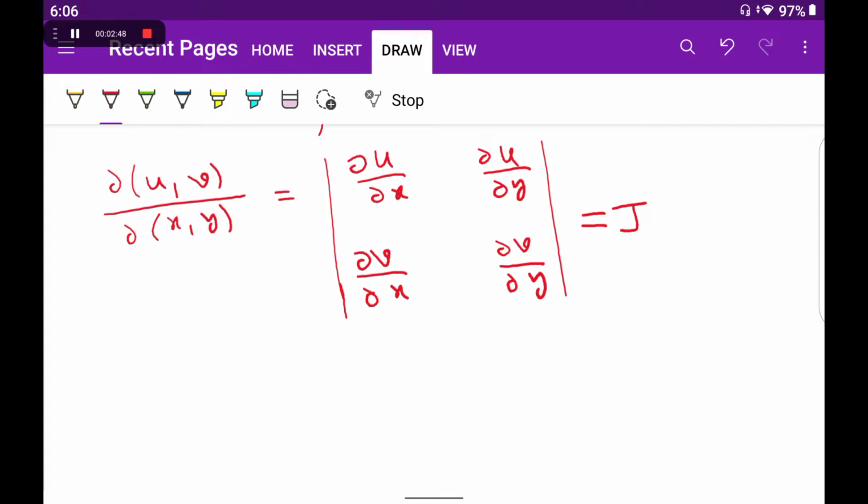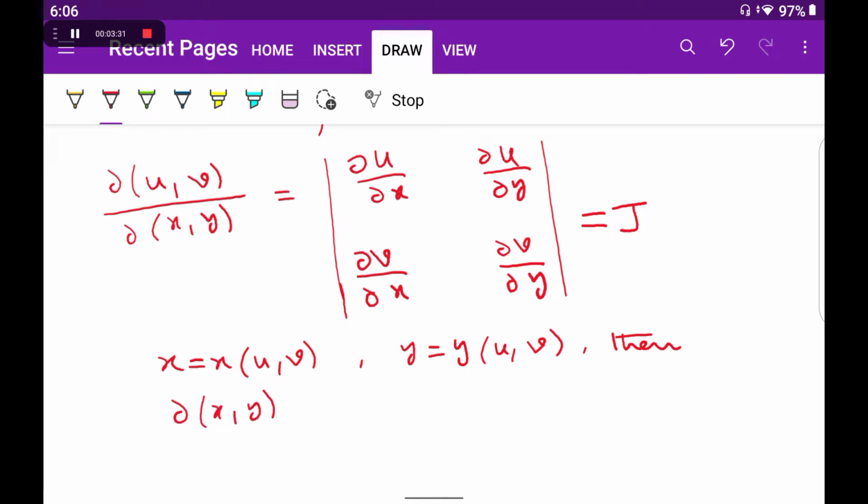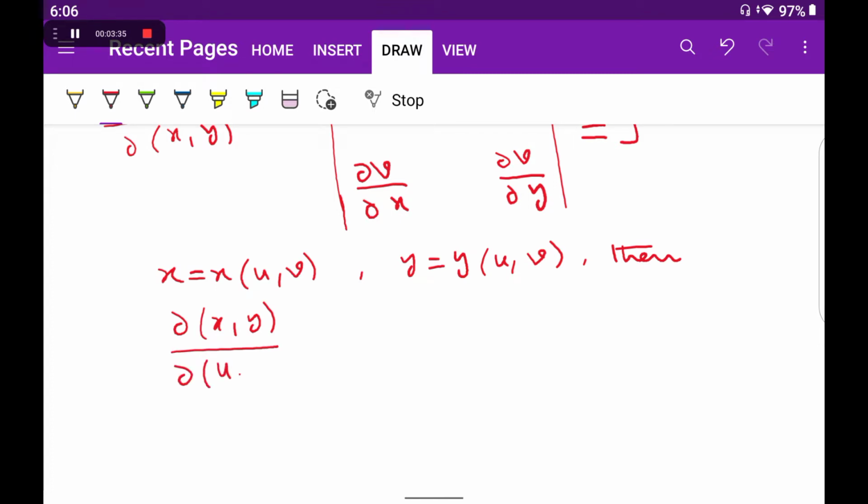And you can also define, if you can express x and y as a function of u, v, x as a function of u, v, y as a function of u, v, then you get the Jacobian of x comma y with respect to u comma v, and this is dou x by dou u, dou x by dou v.